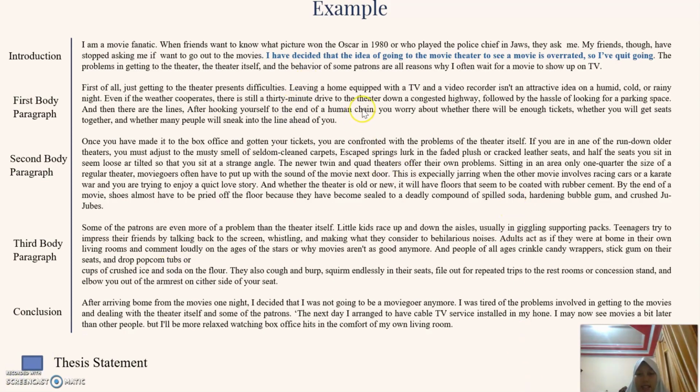And the second paragraph is the first body paragraph, and the third paragraph is the second body paragraph, and under the third paragraph is the third body paragraph, and the last paragraph is the conclusion.